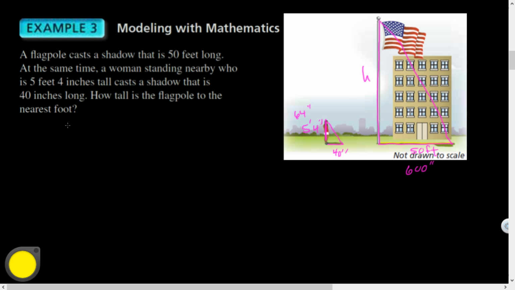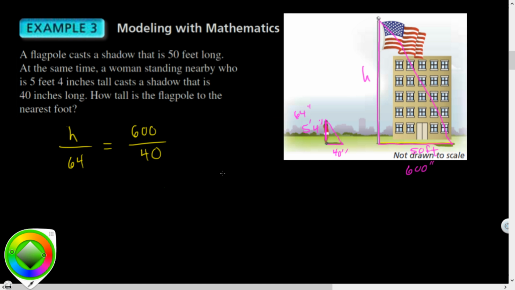I called it H, if that's fine. H is to 64 as 600 is to 40.